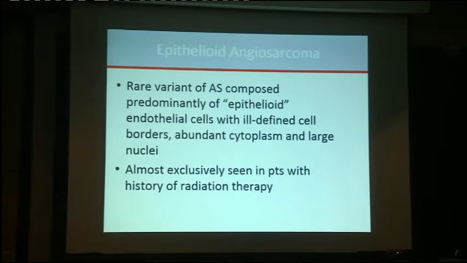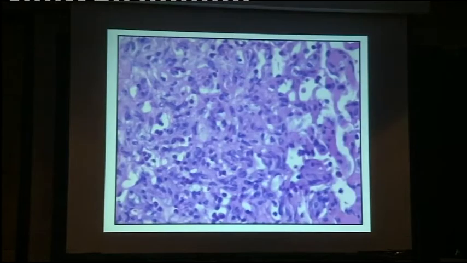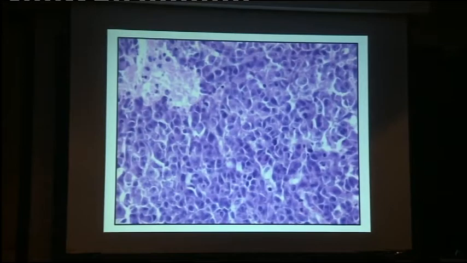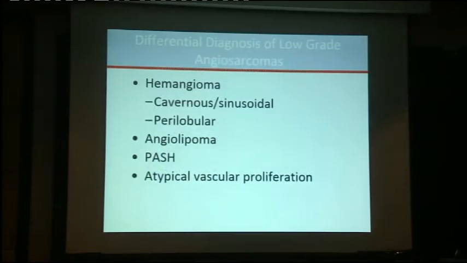These patients, especially with epithelioid angiosarcomas, are a lot more common in patients with radiation therapy. Here is another example of epithelioid angiosarcoma. As you can see, when you have a small biopsy, these epithelioid tumors could be mistaken for carcinomas.